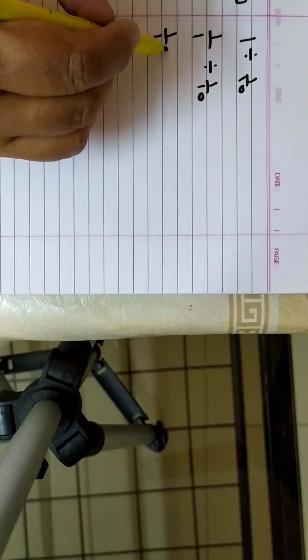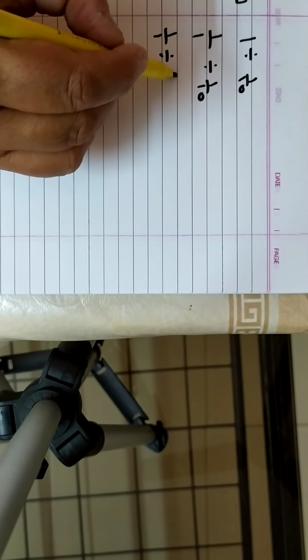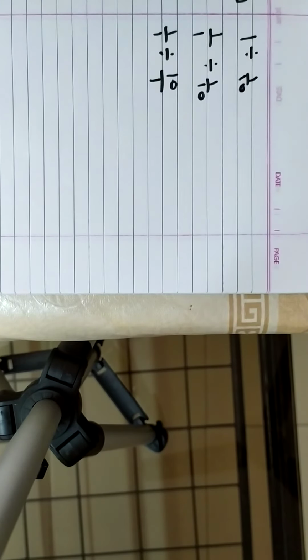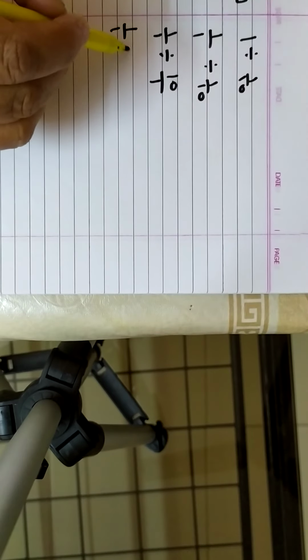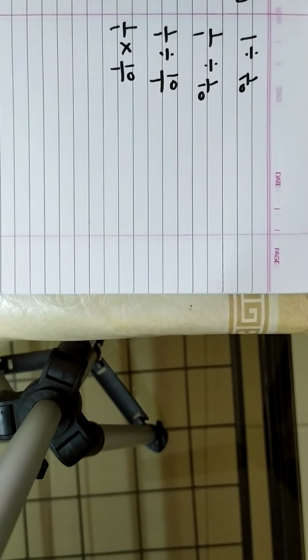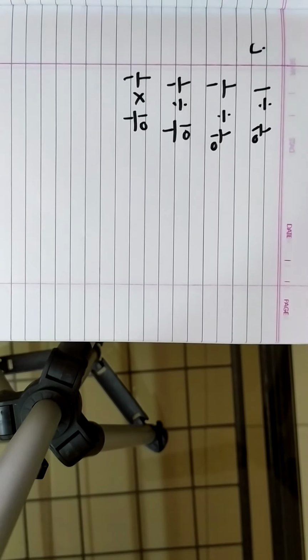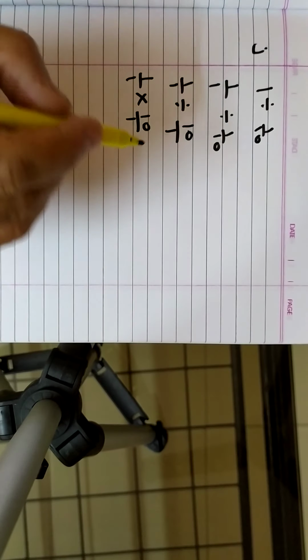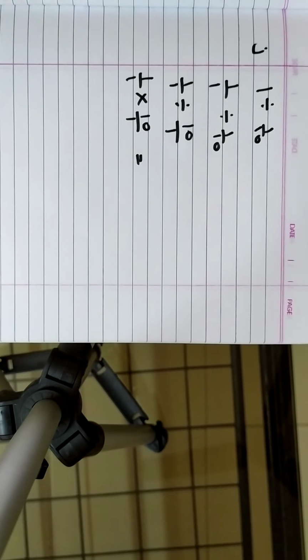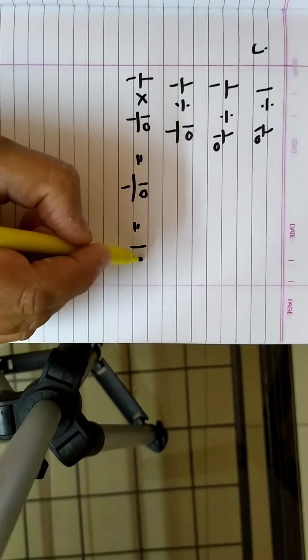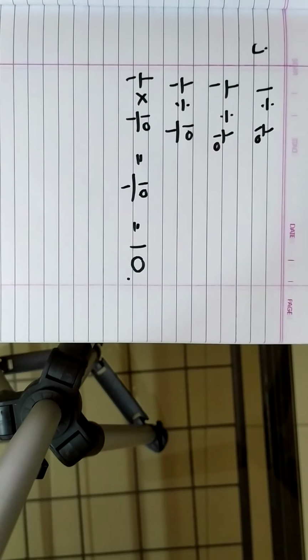My step 2 is reciprocal of 1 upon 10 is 10 upon 1. Multiplying dividend with reciprocal. Nothing is common. Multiply numerator with numerator. 1 tens are 10. 1 ones are 1. So we got 10 as the answer.